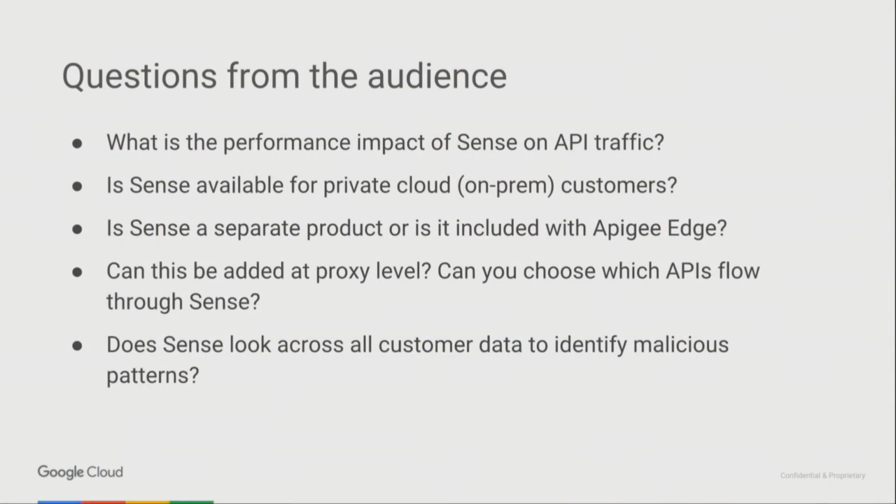Finally, does Sense look across all customer data to identify malicious patterns? So when we are building Sense, and as we continue to make Sense better and smarter, we leverage the breadth of data that we have across all of our customers on cloud. But that's solely for building the models. That doesn't participate at all when we're detecting traffic.